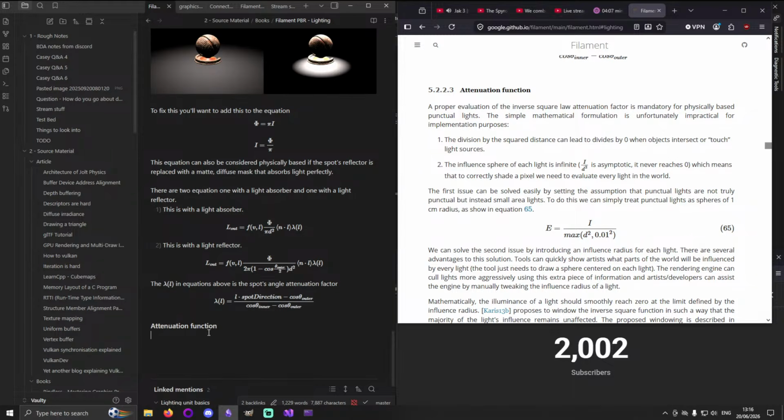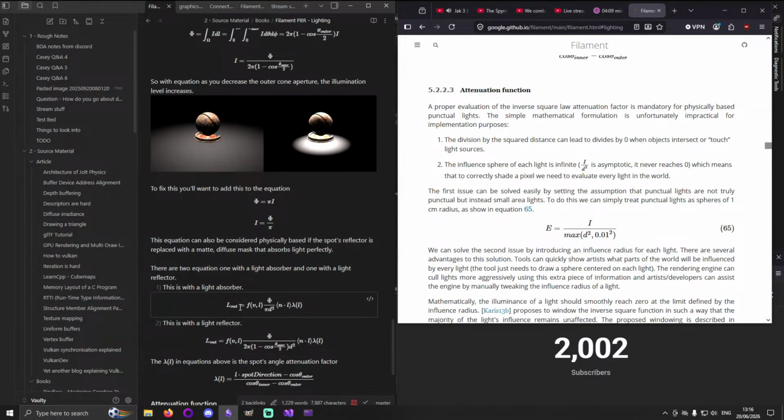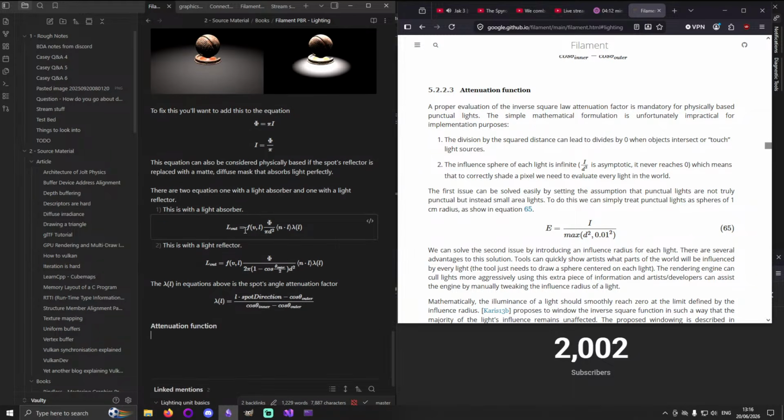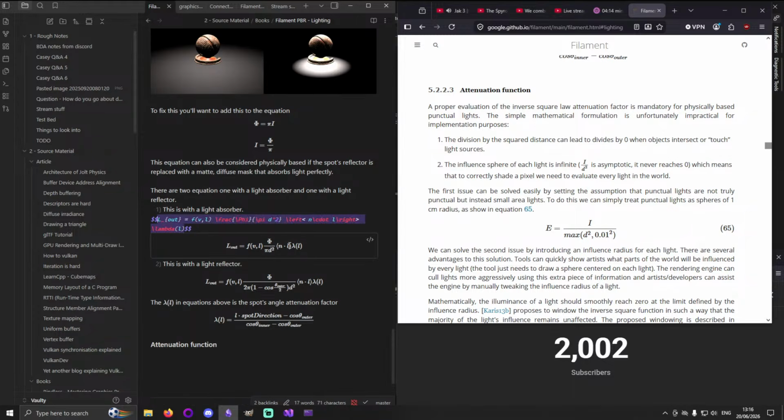This algorithm, or this equation here, made everything make sense. We have the BRDF, the thing I've been talking about in this stream. We have a light emission function, which is approximated based on rays and the direction at which that's facing.